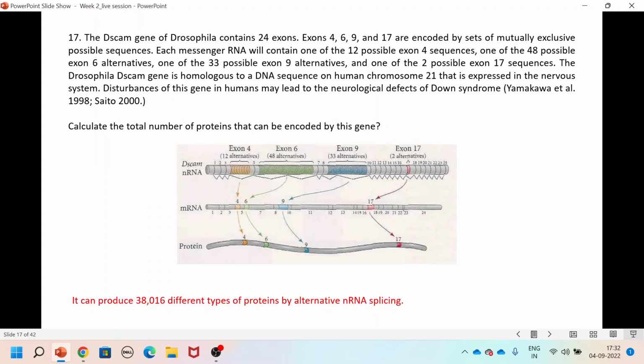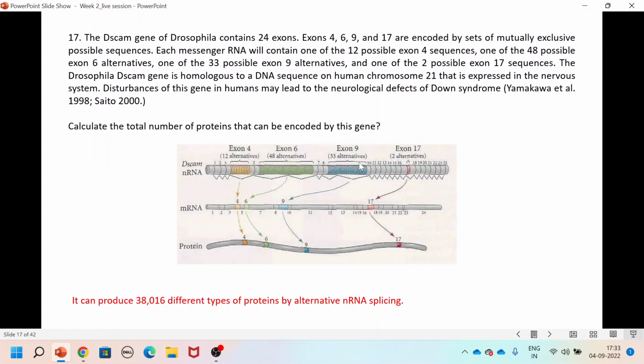Exon 4 has 12 alternatives, out of which only one will be taken up in the mature messenger RNA. Similarly, out of the 48 alternatives for exon 6, only one will be picked up in the mRNA. And for exon 9 and exon 17, the same will happen.